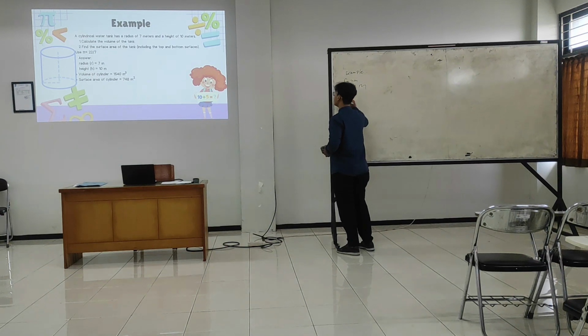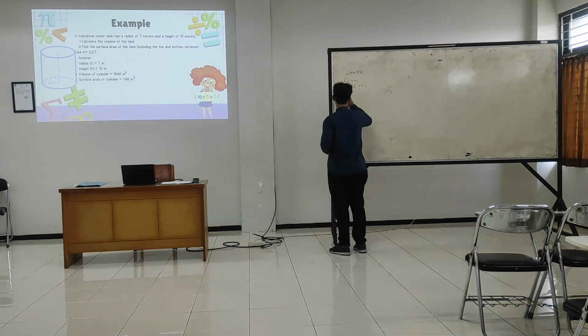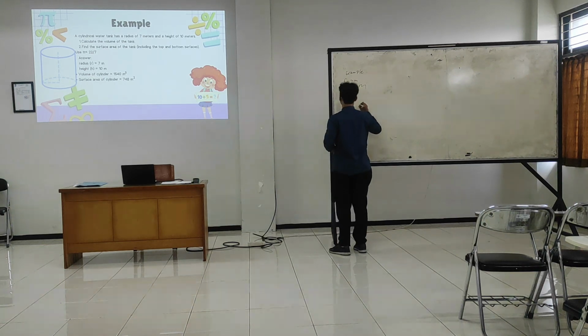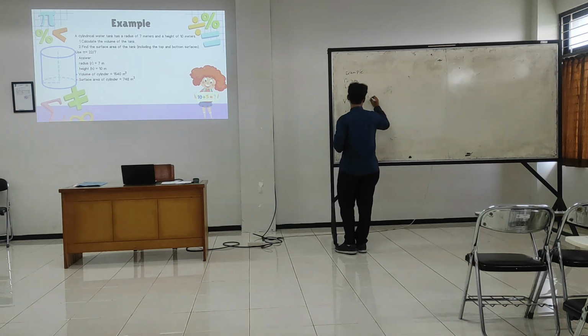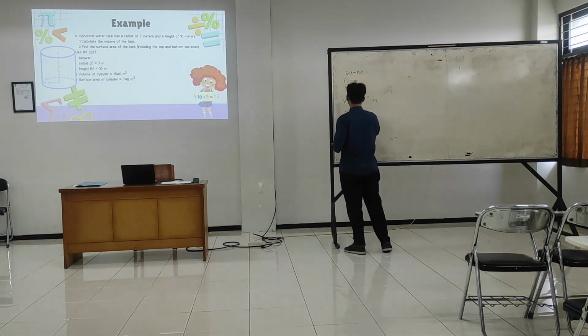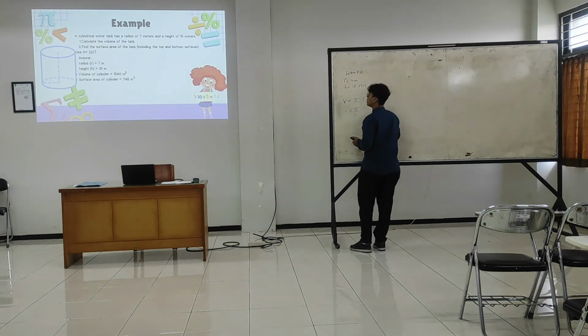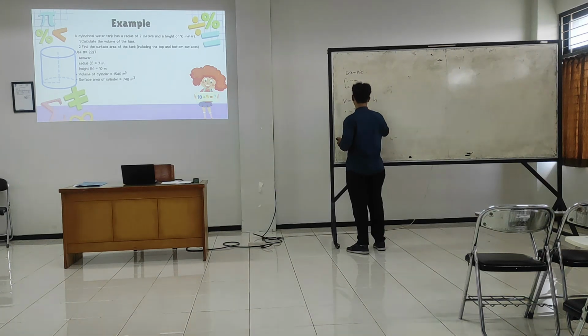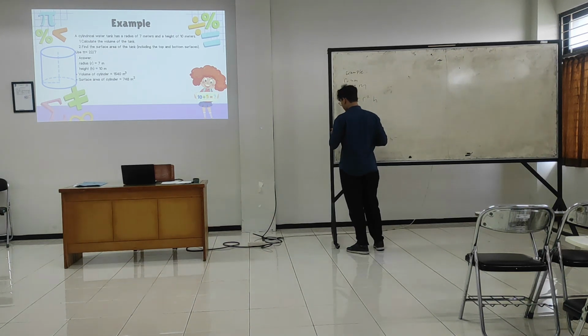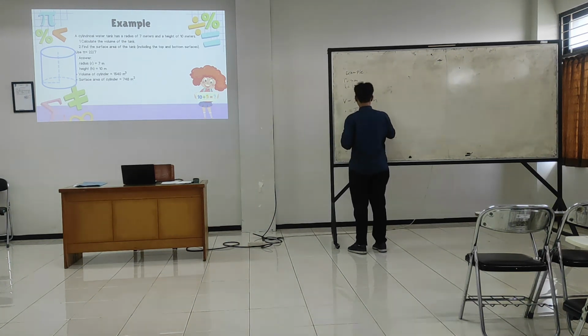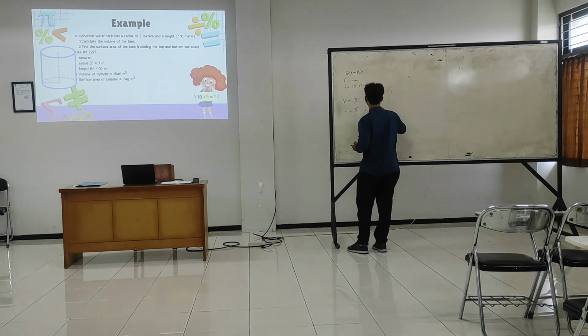So the volume of the cylinder equals pi r squared times height. So we know the pi is 3.14, and the radius is 7 squared times the height is 10.